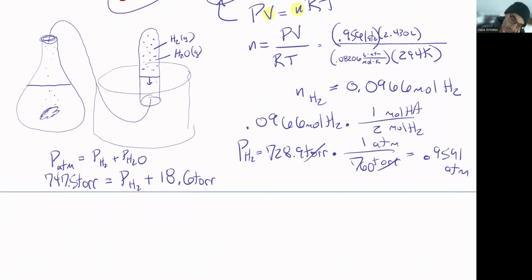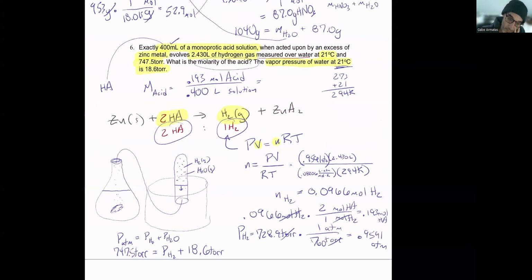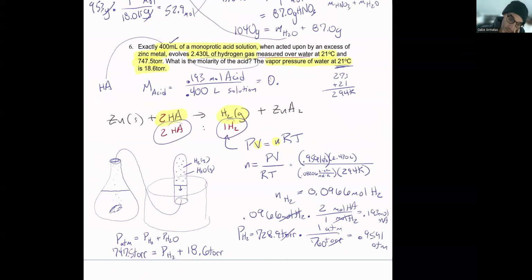Sorry, that's backwards: 2 moles of acid to 1 mole of hydrogen. Moles of hydrogen cancels, and I end up with 0.193 moles of HA. So I can plug that in, 0.193 moles of acid. Doing the math, we end up with 0.483 molar. There we go.